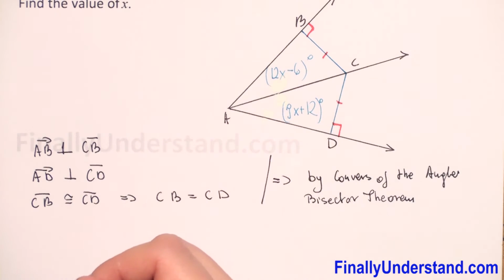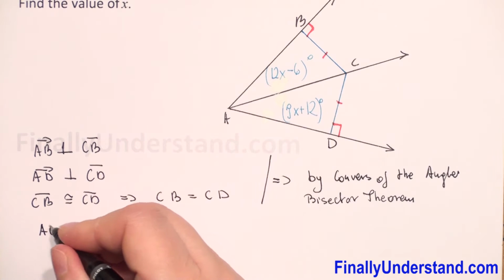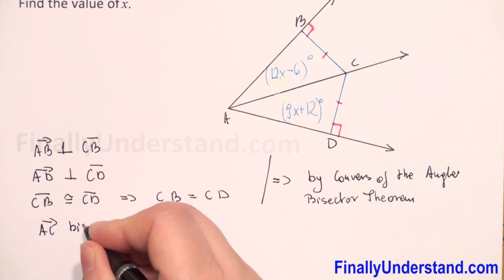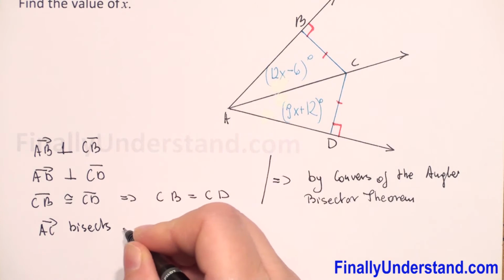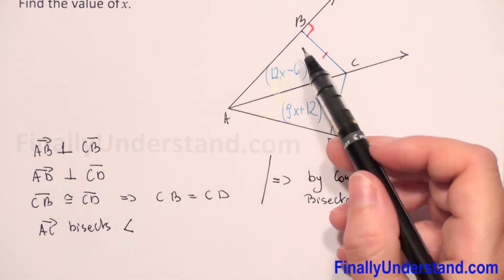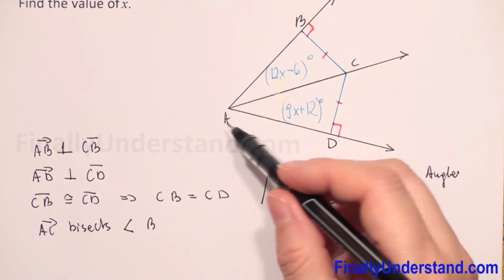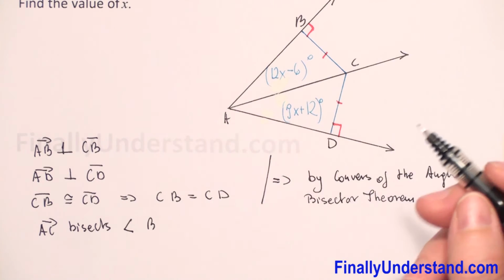And we have that ray AC bisects angle, we can write BAD or DAB, it is the same angle.